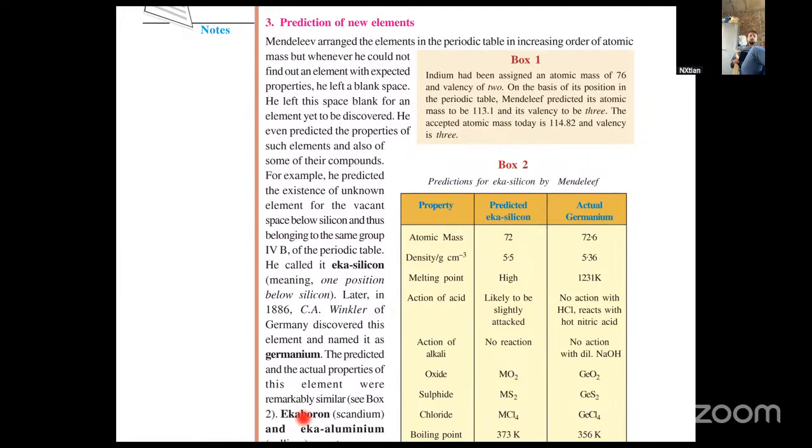So he left some places for the new elements we would discover in the future. He left the place for an element called eka silicon, and we found the new element germanium, which has the same properties as eka silicon. So what he predicted in his time became true in the future.